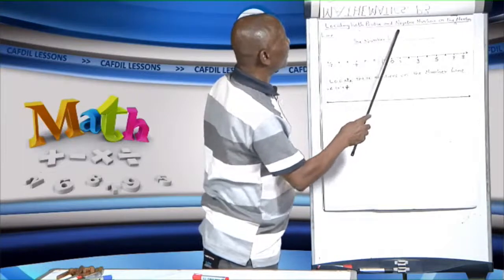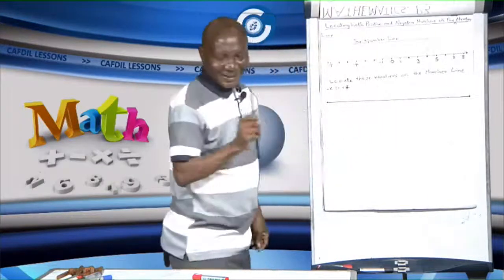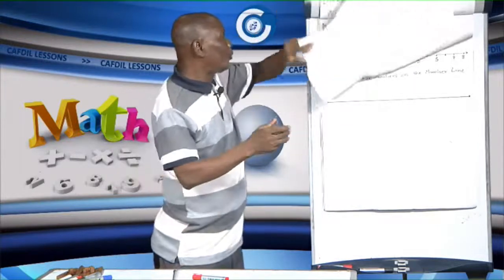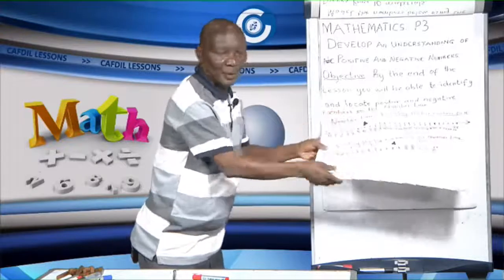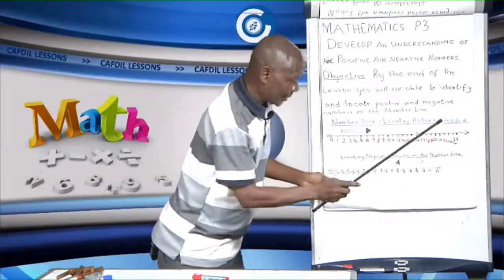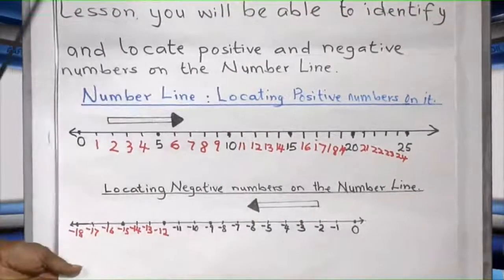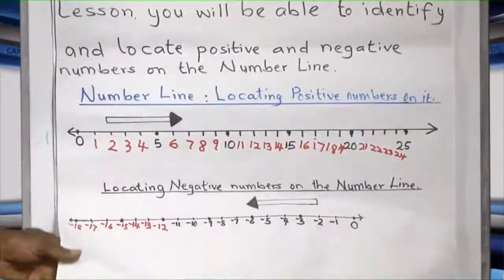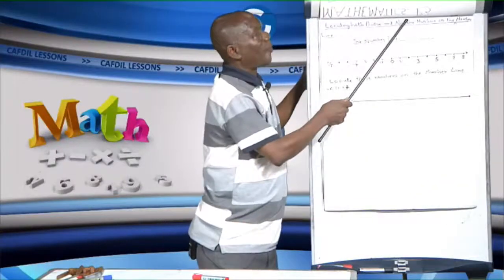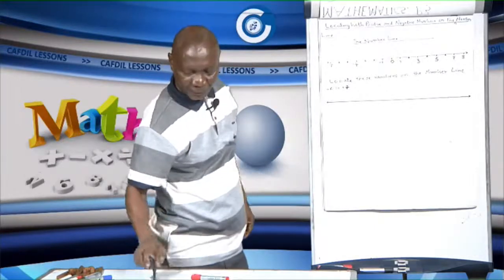Locating both positive and negative numbers on the same number line. You see, here we have 2 number lines. 1 for positive numbers only, and the second one is for negative numbers only. But this time, we are combining both negative and positive values.